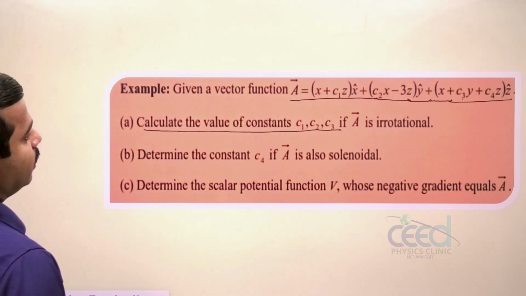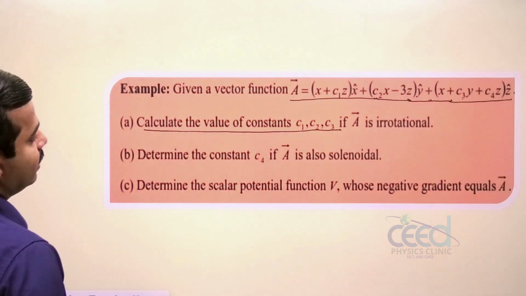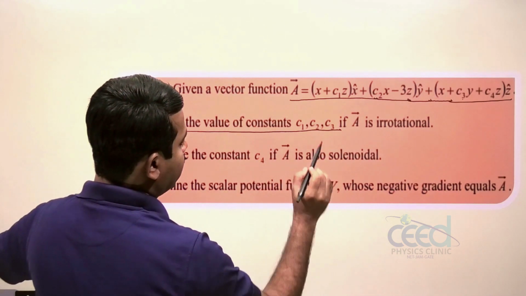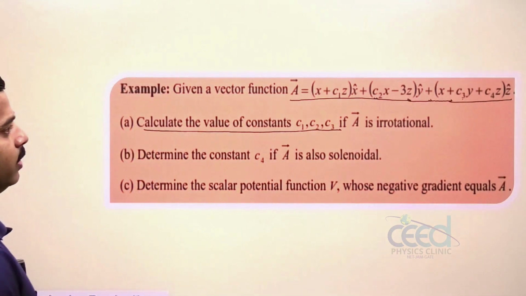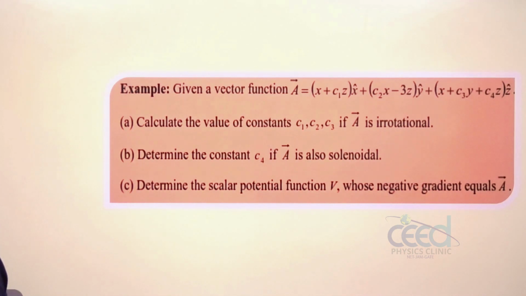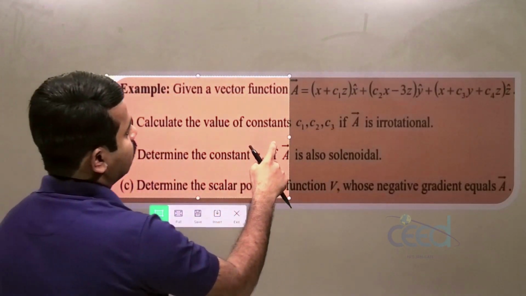The second question is to find the constant c4 if A is solenoidal. Let me take this question. You can take this question onto a plain board.